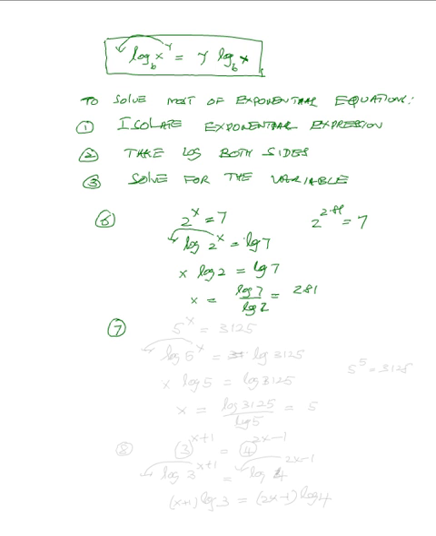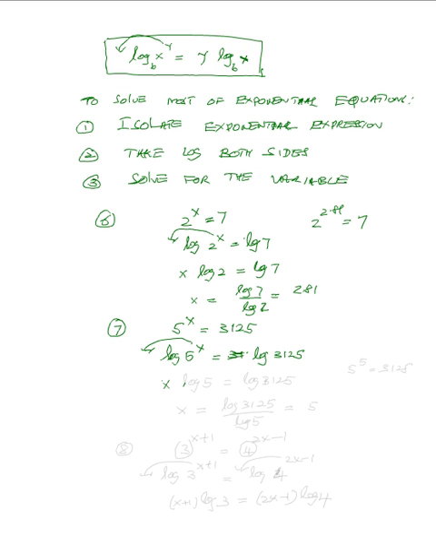I call it example 7. 5 to the x equals 3125. Now if you'd like to solve this as we did before, we take log both sides. Log 5 to the x equals log of 3125. So again, this x can be brought up here.